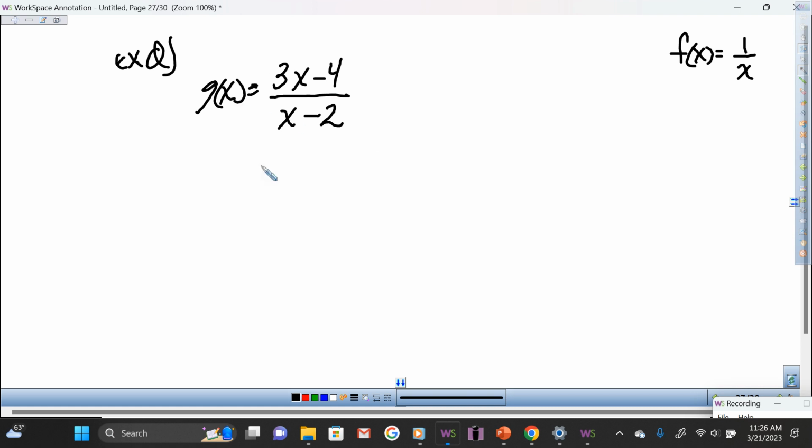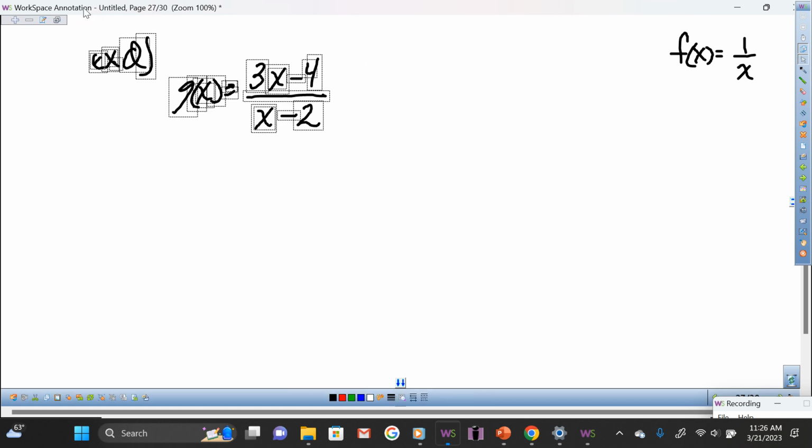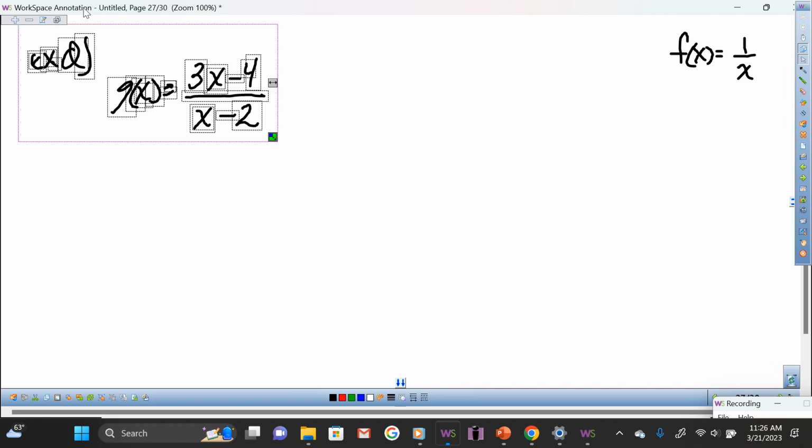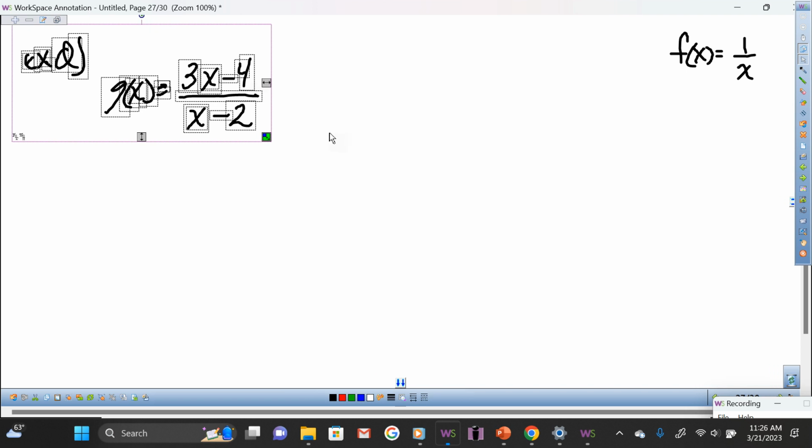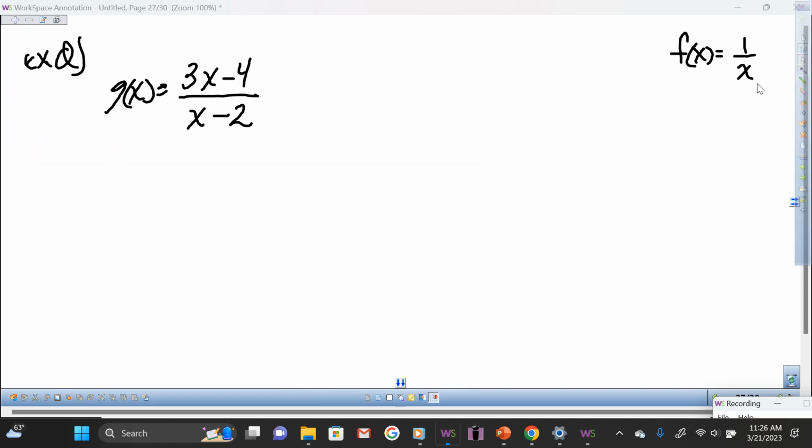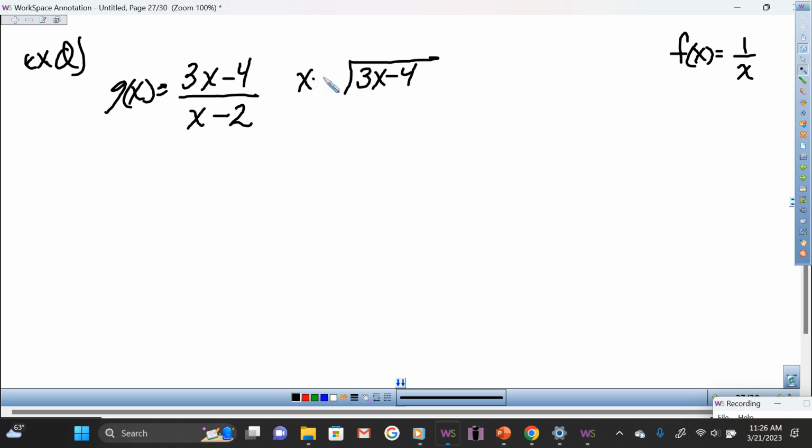Let's transform this one. How do we transform that one or rewrite it? Tell your neighbor, please. What do we do first? All right, get us started, please. Noel, what do I do? Divide, yes. 3x minus 4 divided by x minus 2.